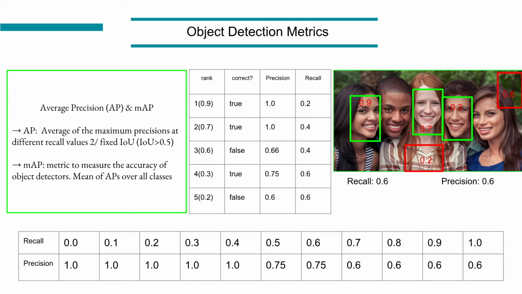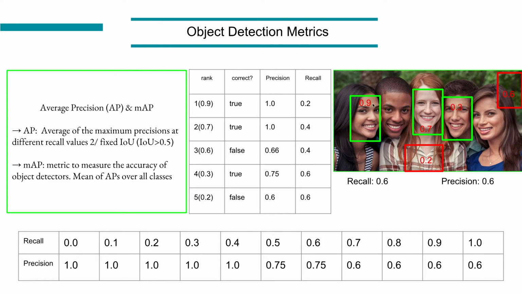And accept the object detections which have an intersection over union score bigger than 0.5. Okay, this is fixed already. And rank your detections in terms of confidence scores.